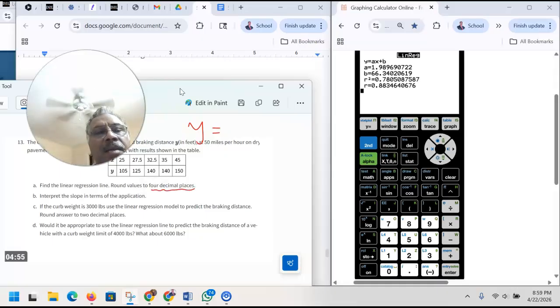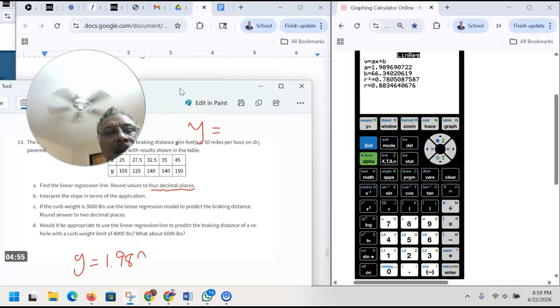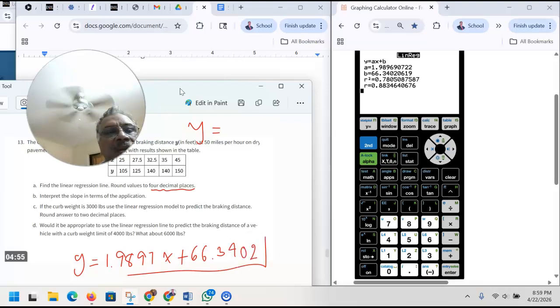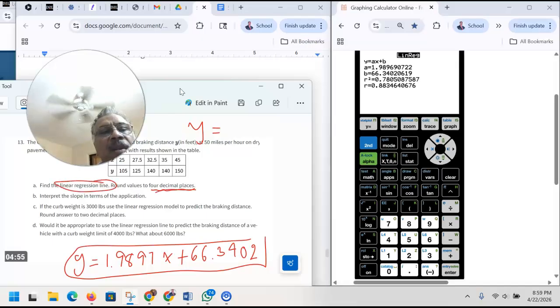So you'll have to write y is a, which is 1.9897, rounded to the fourth place, and then x, and b is plus 66.3402. Okay, so this is the linear regression, and four places are done.